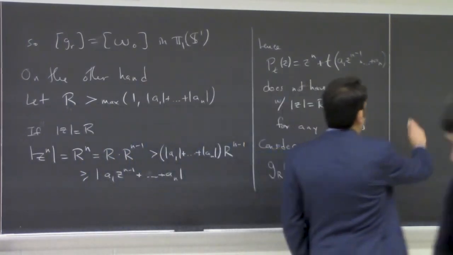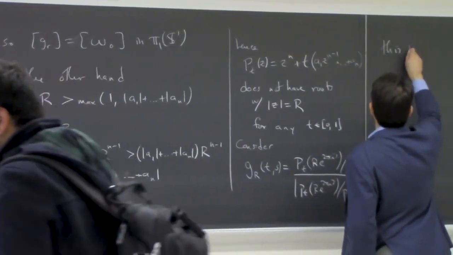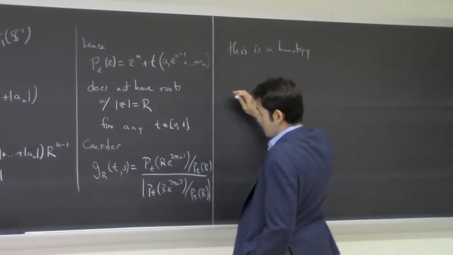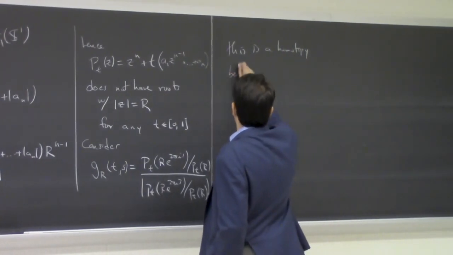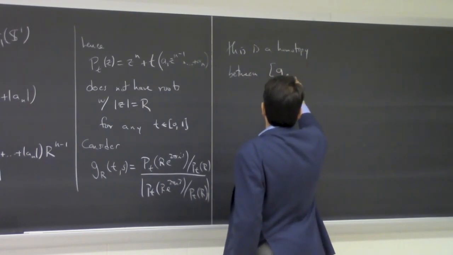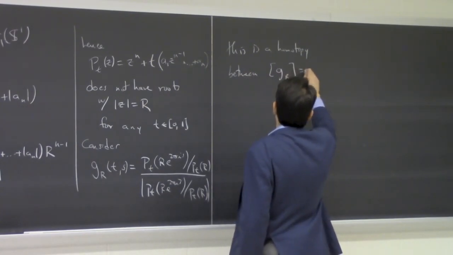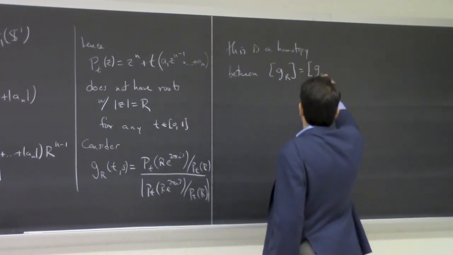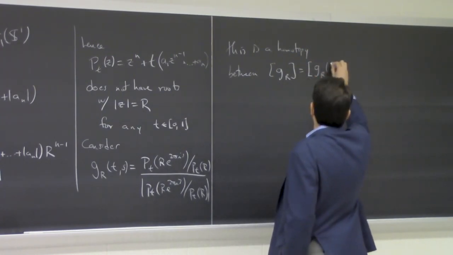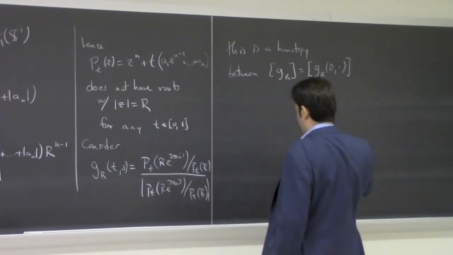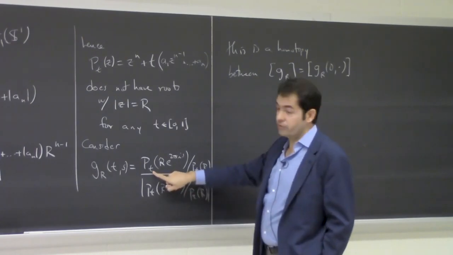OK, this is a homotopy between G sub r and, say, G sub r of 0. All right, so what happens when t is equal to 0?